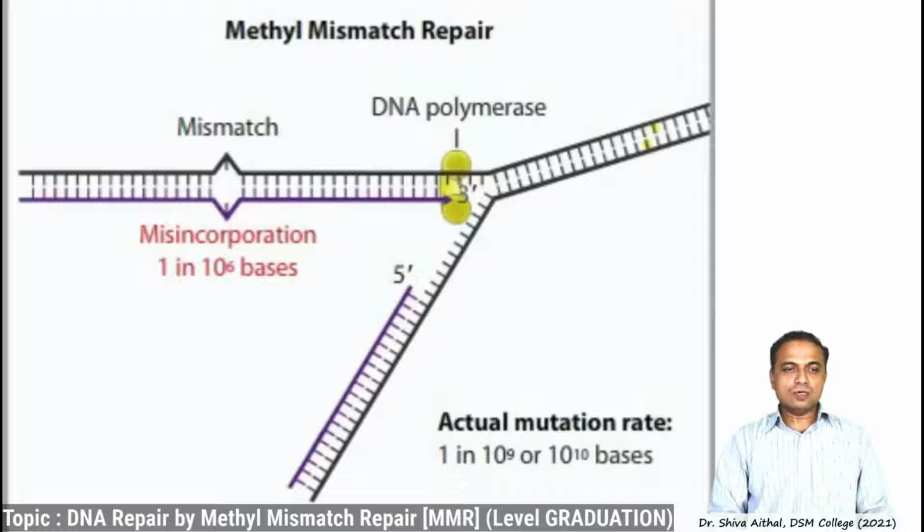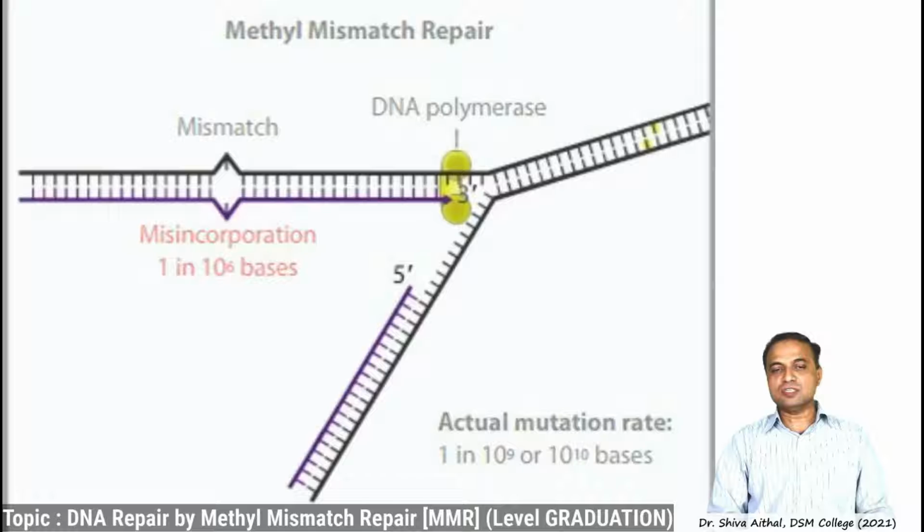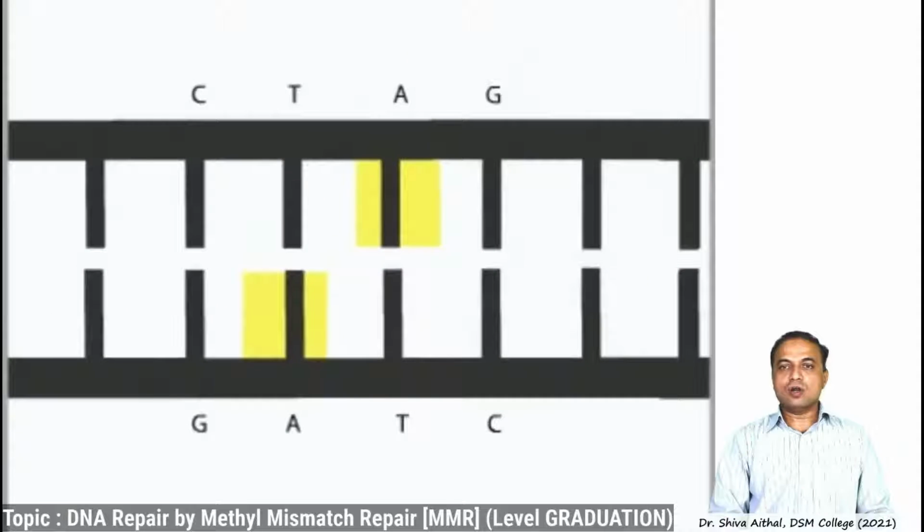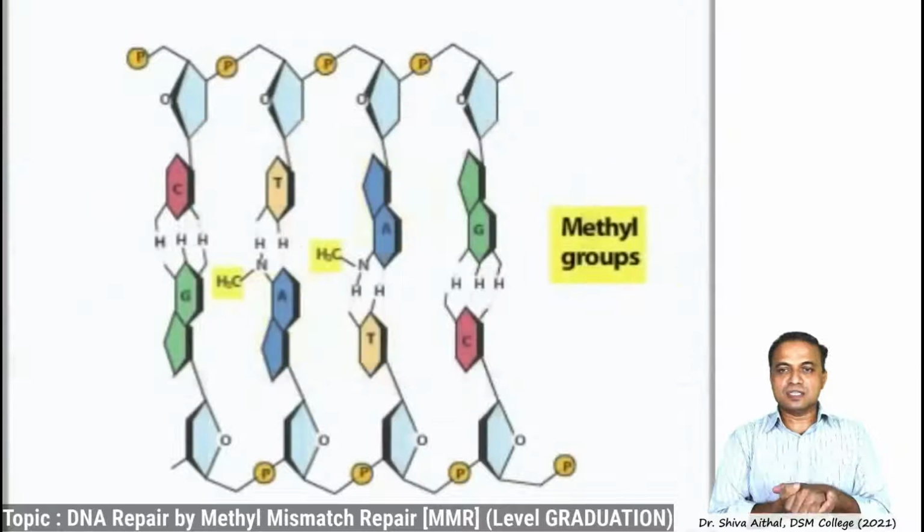If you see now, the methyl mismatch repair system involves recognition of the methylation pattern in the DNA bases. Escherichia coli methylates its DNA at the palindromic sequences, and these palindromic sequences are GATC. This is the GATC, as you can see there, using an enzyme called deoxyadenosine methylase or the DAM methylase.